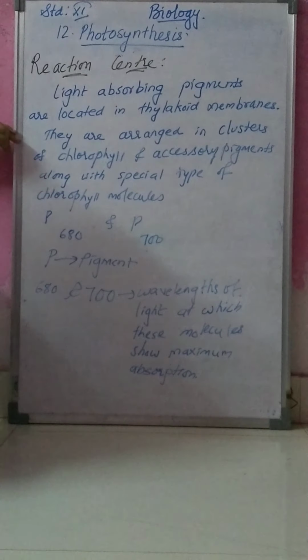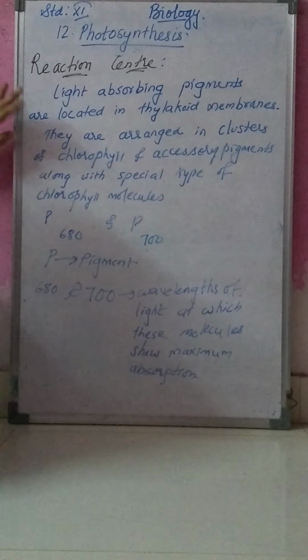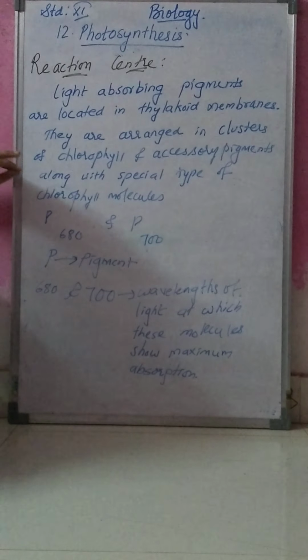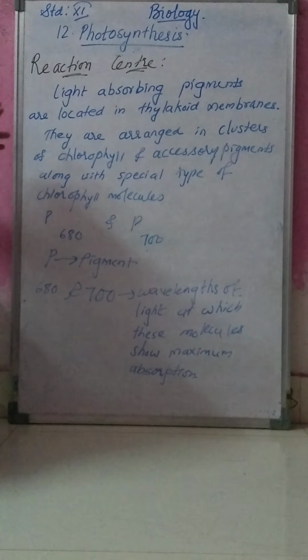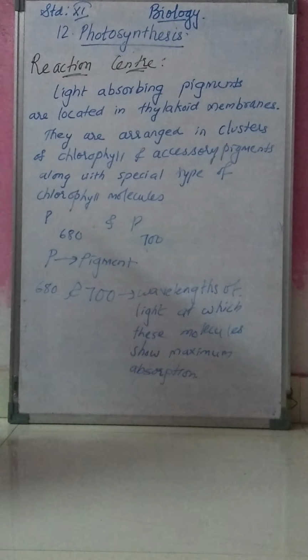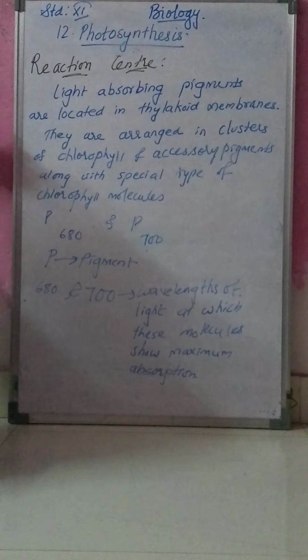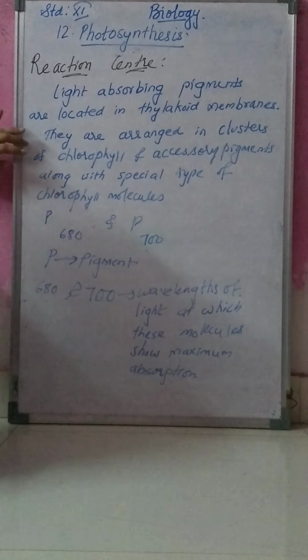In plants these four pigments are present, that is the chlorophyll pigments and the carotenoids, carotene and xanthophyll. These light absorbing pigments are present in the thylakoid membranes, which we studied in the structure of chloroplast.